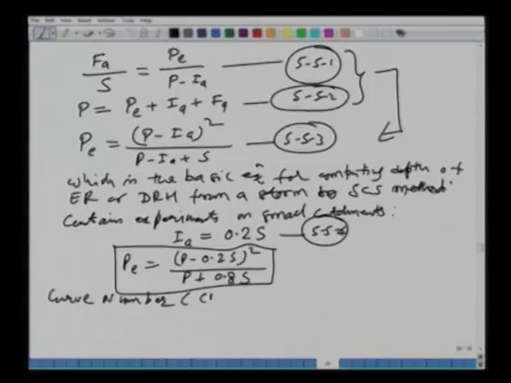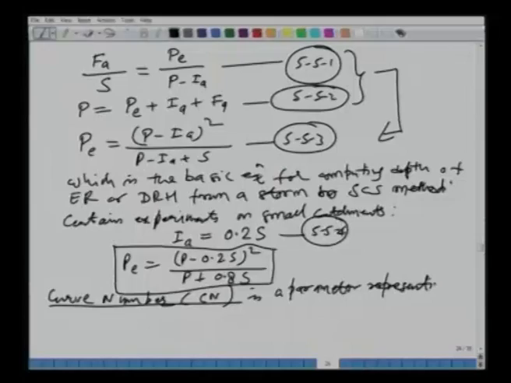The curve number, or CN, is a parameter representing retention of the catchment, that is S. It is another parameter, as I said.